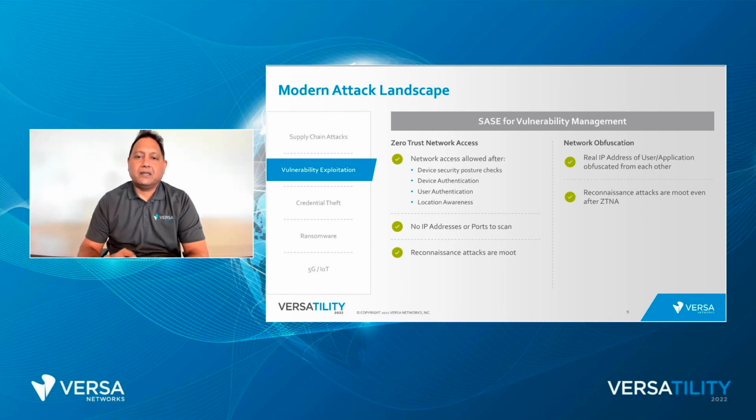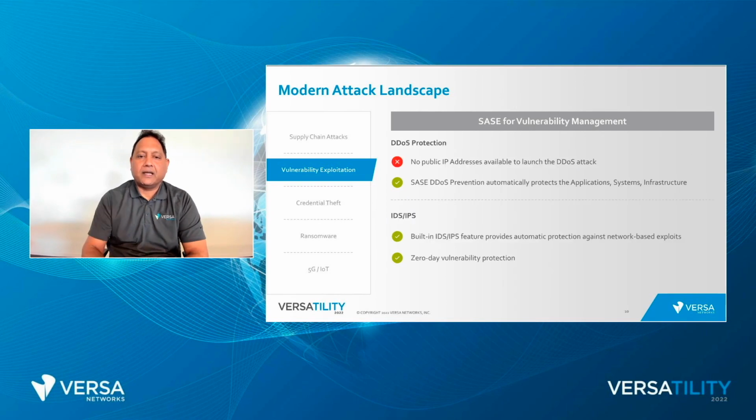That way the network is totally obfuscated from the user. The user is blindsided from what kind of resources are available for attack within a given environment. So this is a very good strategy to defend against these kinds of reconnaissance attacks.